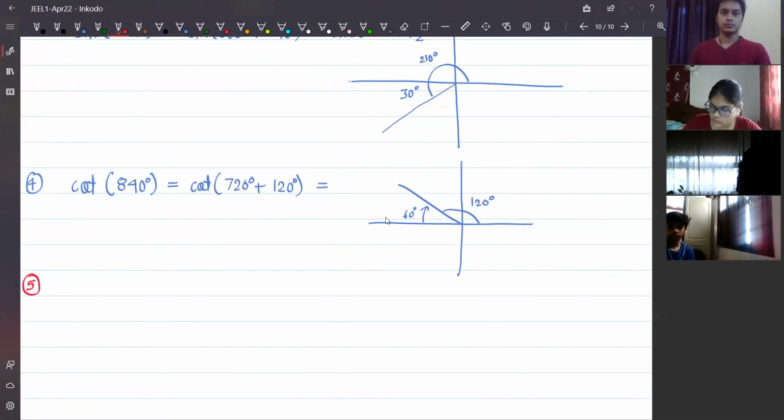It is cot, not cos. So minus cot 60 is 1 by tan 60.